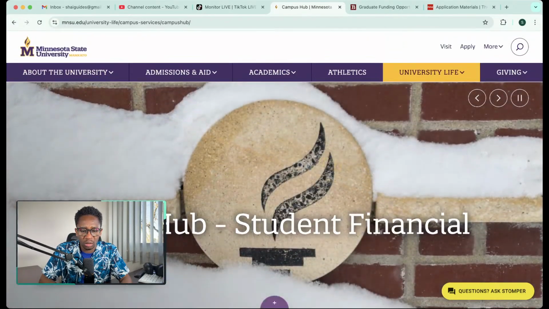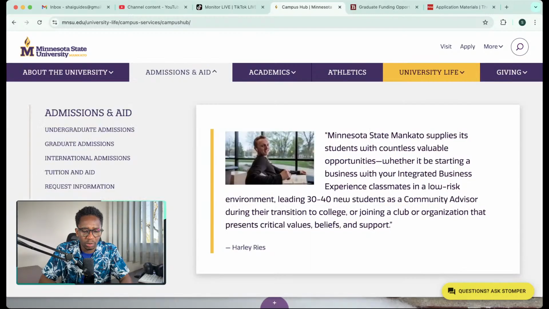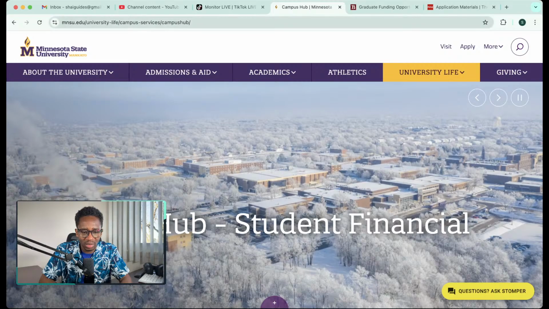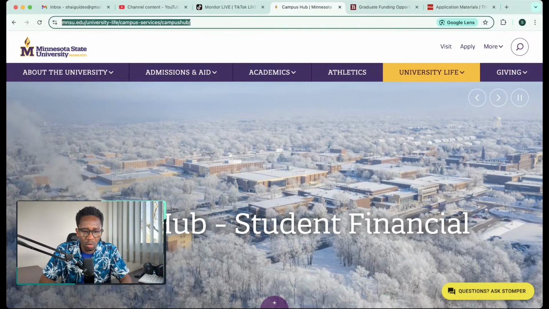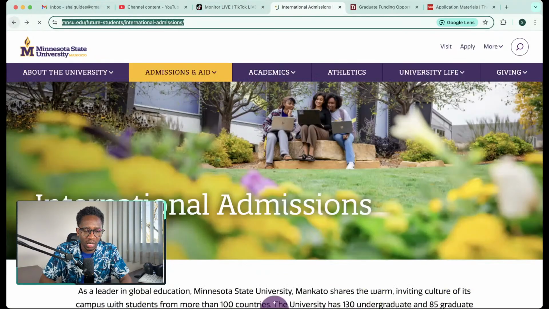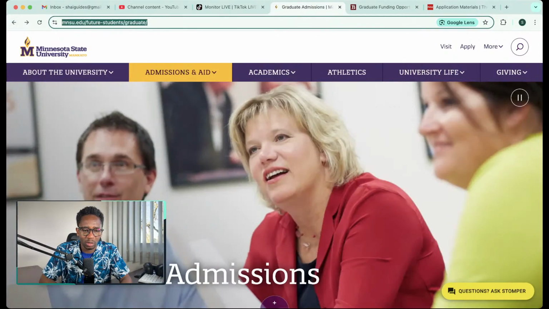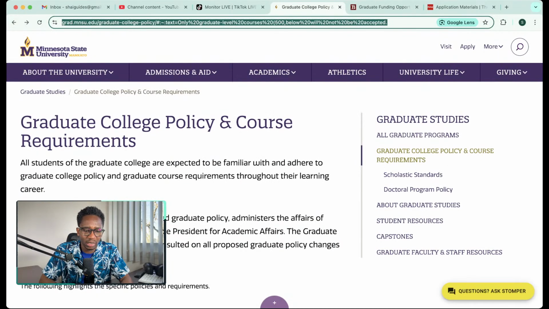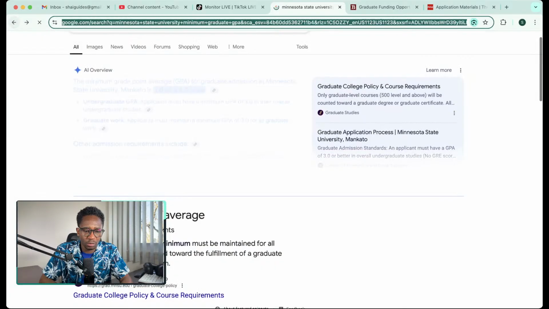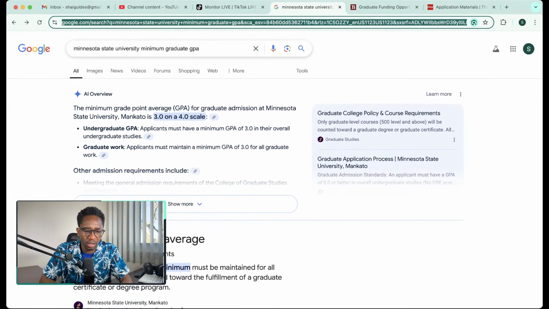Minnesota State. So here, even though the GPA is low, we still have to make sure there is assistantship in the school before we decide to apply. If the GPA is 2.75 and they give you admission, they've not done anything, right? So we always have to verify.